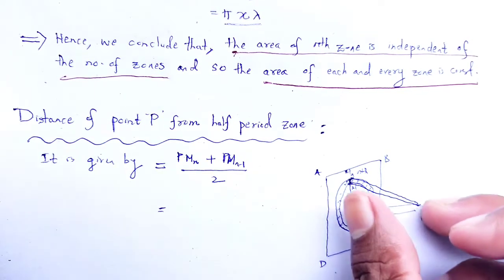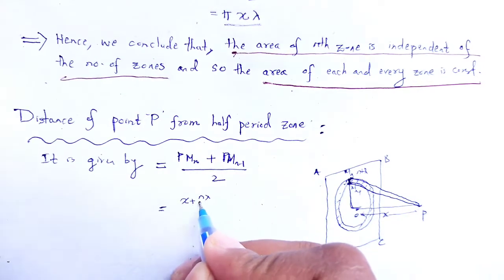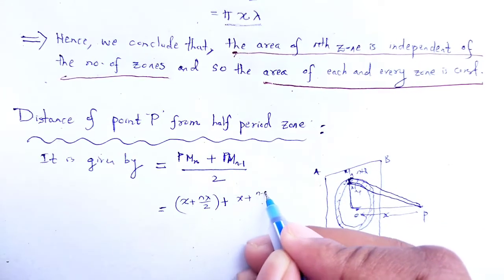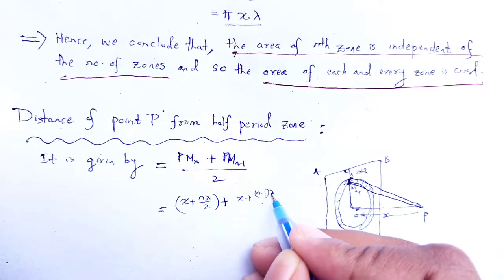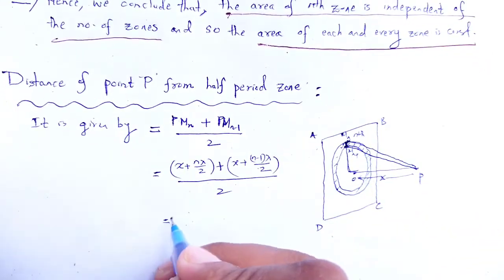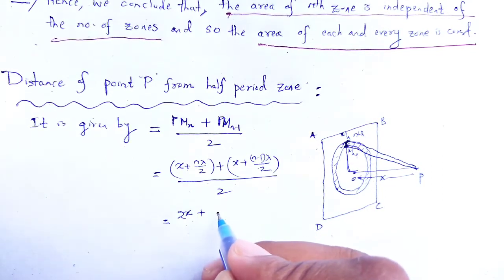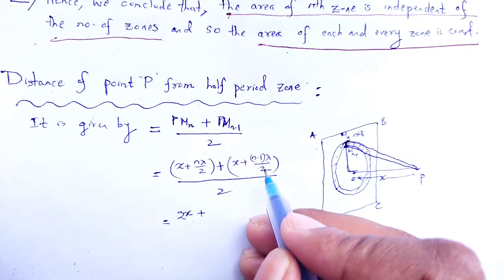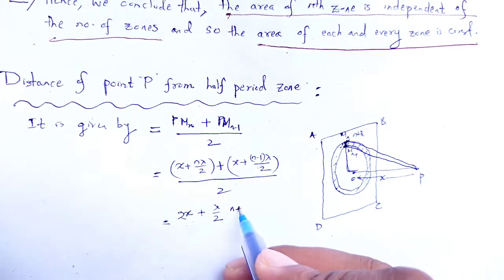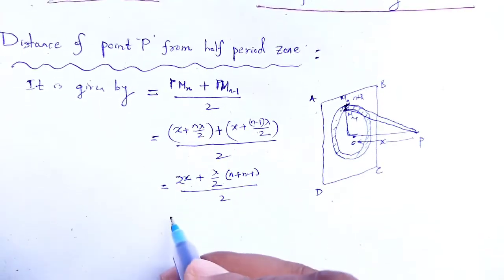The distance PMn is x plus n lambda by 2, plus for n minus 1, x plus n minus 1 lambda by 2, whole divided by 2. Simplifying that, x plus x, that is 2x, plus taking lambda by 2 as common, we have n plus n minus 1, divided by 2.